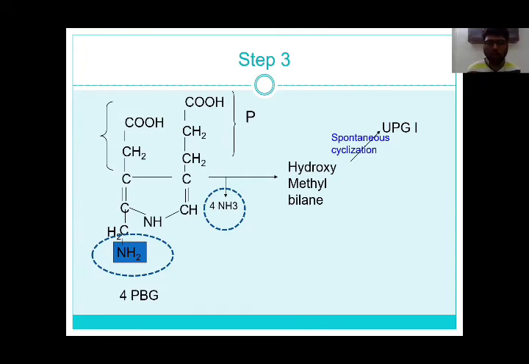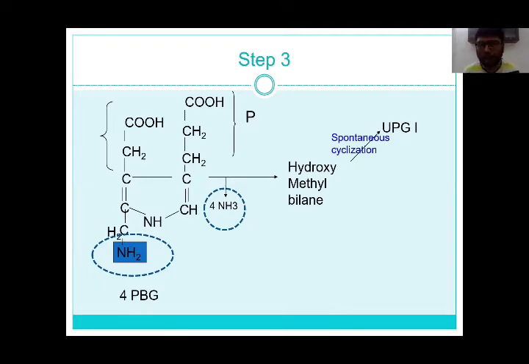Now this reaction is catalyzed by an enzyme which has 3 different names. What is the action that is happening here? 4 porphobilinogen molecules are condensed with the loss of amino group. So this enzyme is called porphobilinogen deaminase. This is one name.